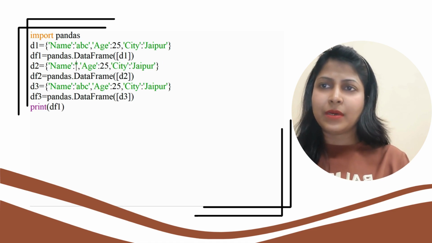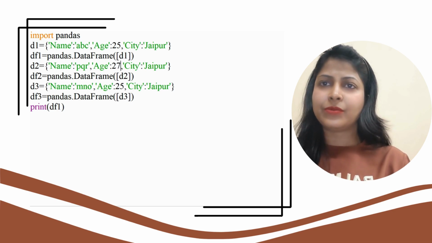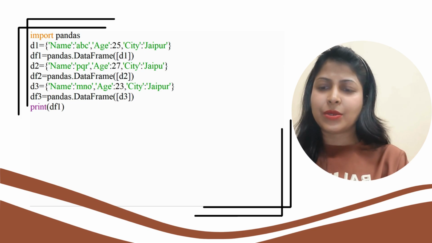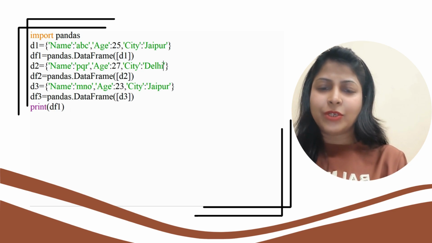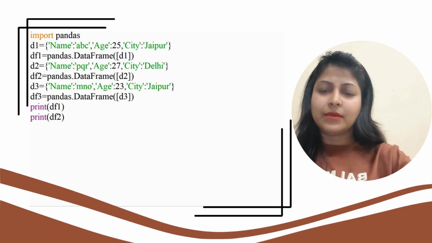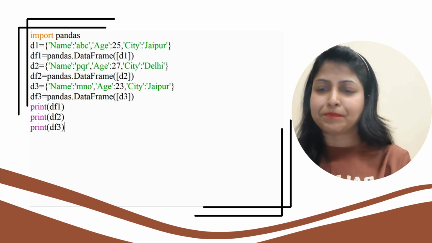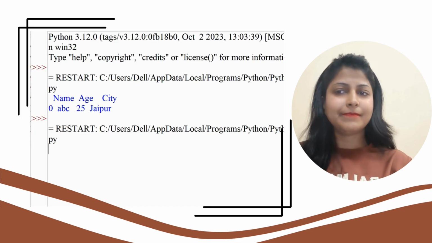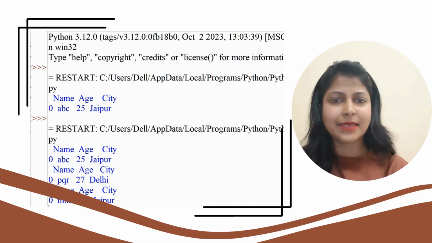This is PQR and this is MNO, this is 27, this is 23, and let me change only one city to Delhi. Okay, and I'm going to print df2, then I'll be printing df3, right? So I'm printing all the dfs separately.